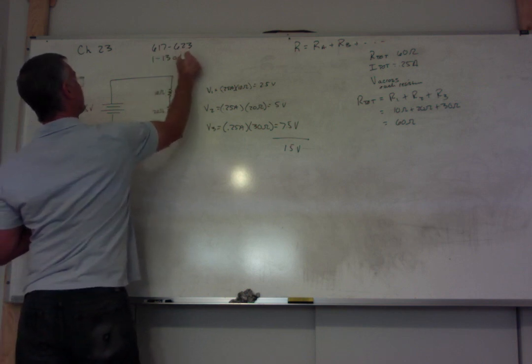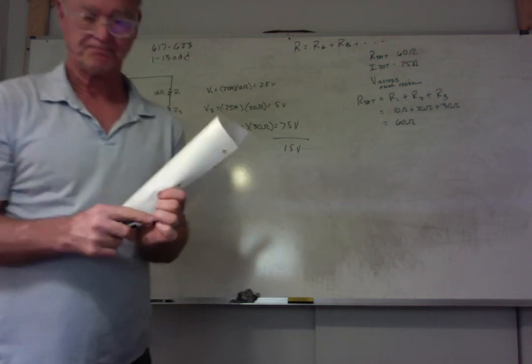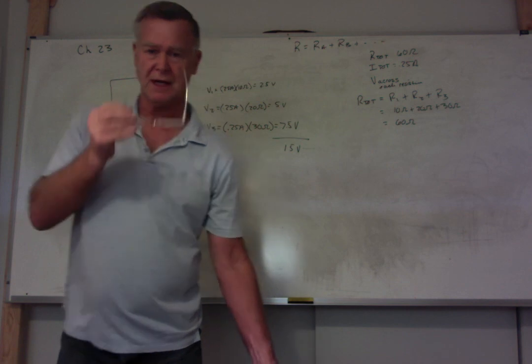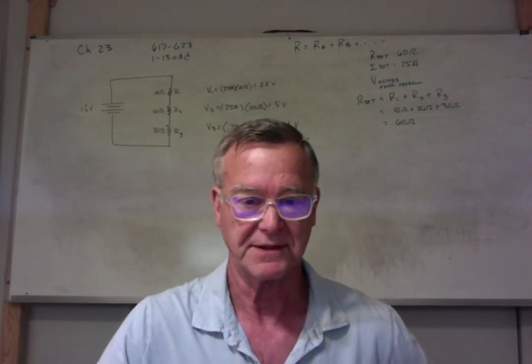All right, so that's section 23.1, part 1. And we'll do the other video, and then we'll put all of these circuits together. We'll do that in our video on our class time on Tuesday.